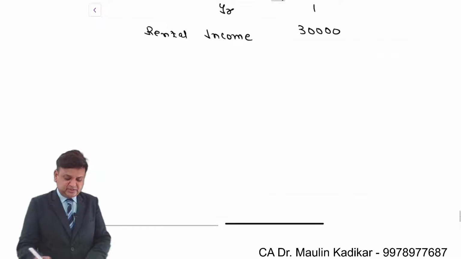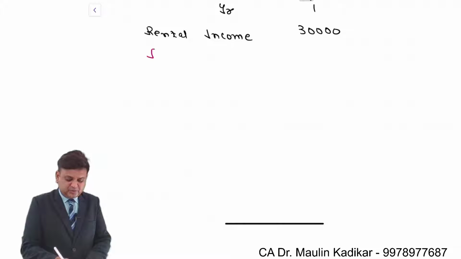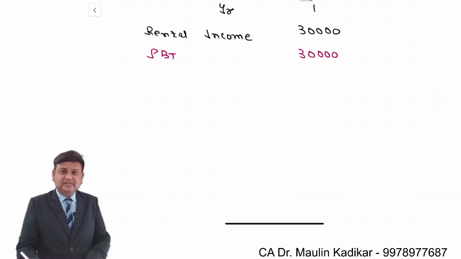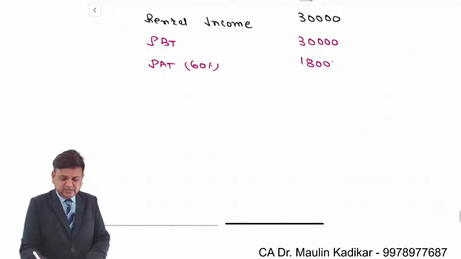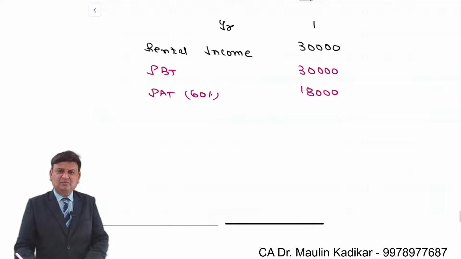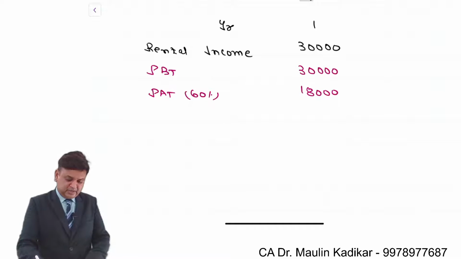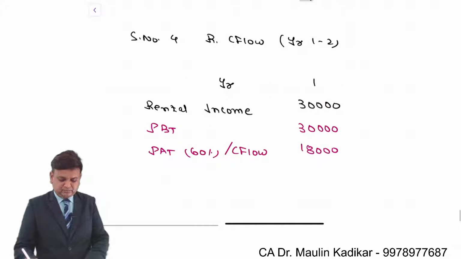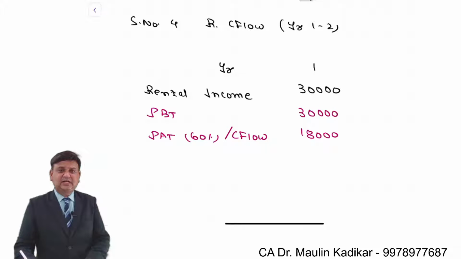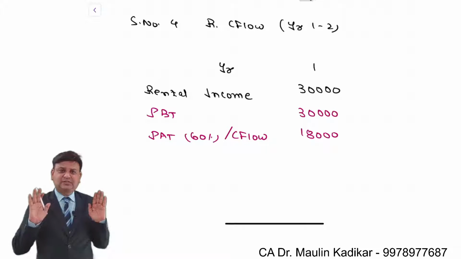No, there are no other expenses. So profit before taxes is 30,000. What is income tax rate? Only 40%. So profit after taxes is 60%. That comes to 18,000. Is there any non-cash item to be adjusted? No. So whatever is the profit after taxes itself is cash flow. That is the reason I am computing the recurring cash flow only for the first year.